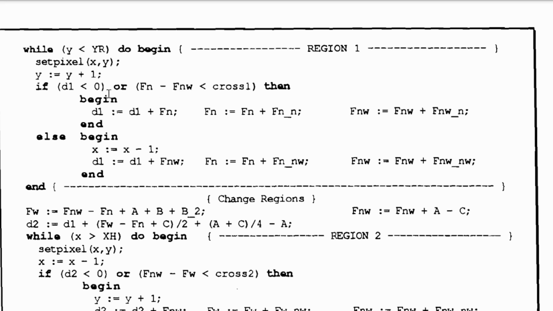It does some comparisons here, and then it just does some additions to update the three values d1, fn, and fnw. Those are those three variables that I talked about. So very, very simple algorithm. And that'll draw the first arc of the ellipse. And the other arcs, there are 4 of them in total, and those are reflected to give 8 arcs.